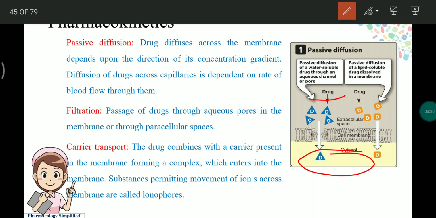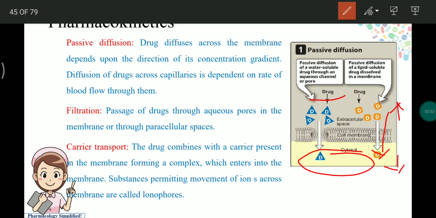Passive diffusion means the drug enters the cytosol from higher concentration to lower concentration. The movement of drug from higher concentration to lower concentration across the membrane without requirement of any energy is called passive diffusion. And the next one is filtration.